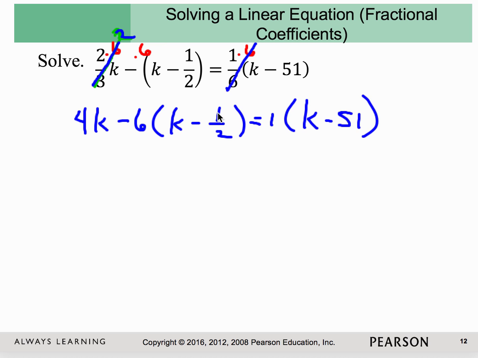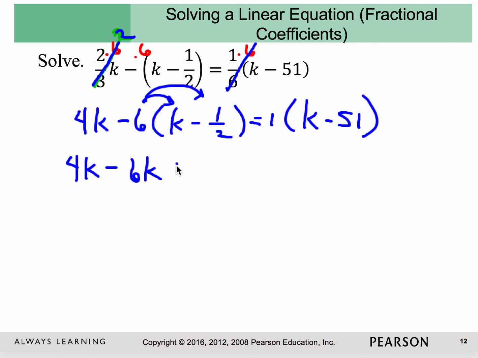All right, I still have a fraction here, but that's because it's inside parentheses. Sorry, guys. But now I'm going to get rid of the parentheses, and they're really nice to you on all your problems in this course. It's going to automatically get rid of that fraction too. So getting rid of parentheses, we're going to distribute. So we have 4k minus 6 times k, and then minus 6 times minus a half.